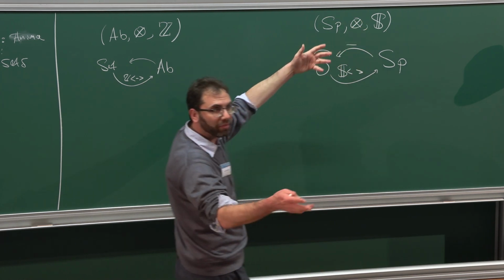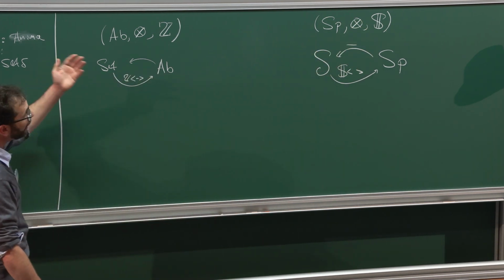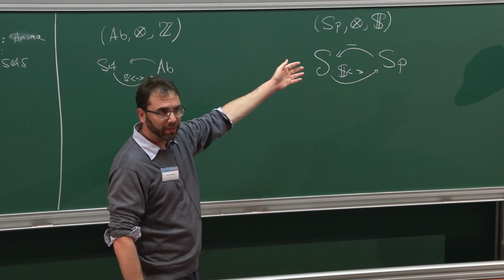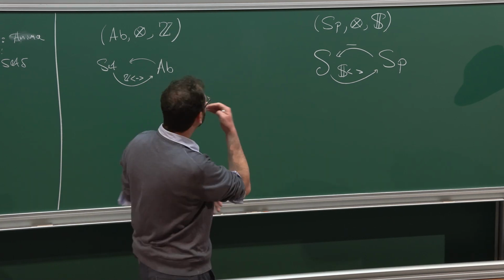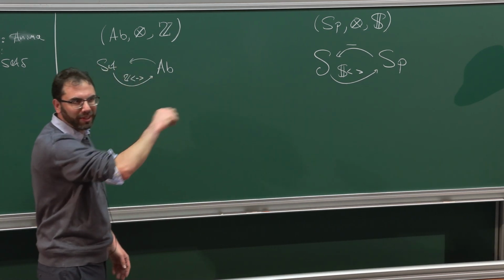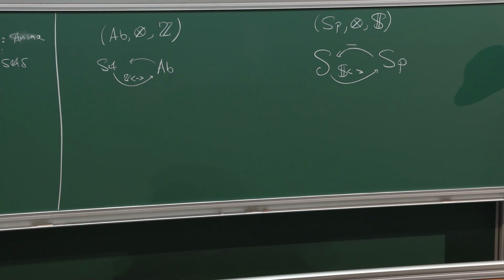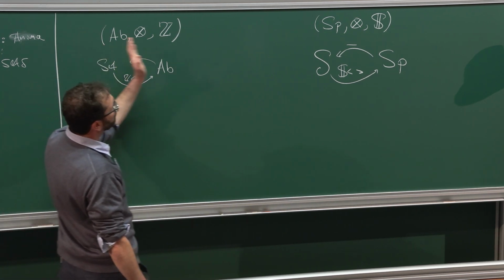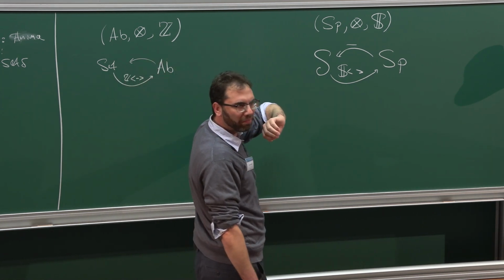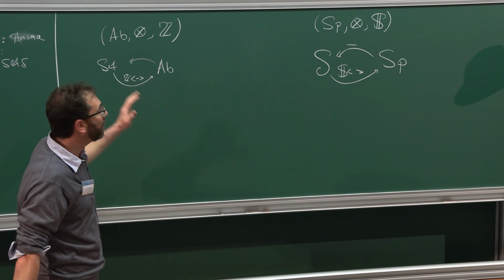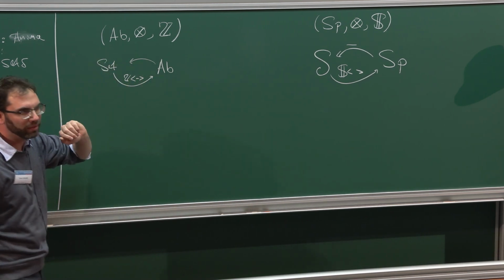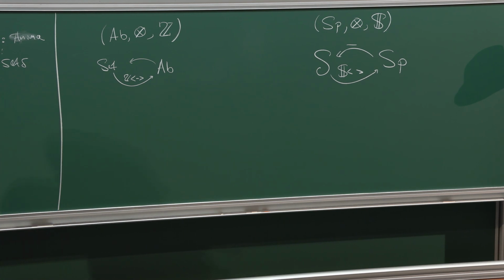And I think what you're referring to is the fact that this embedding, although fully faithful, is not symmetric monoidal. So if my goal was to think about abelian groups in here, there's supposedly an issue. But I'm not going to think about this embedding a lot. I'm just going to use an analogy, so I don't think it's going to cause us a lot of trouble. But that's right. If I consider the fully faithful embedding and then the tensor, this functor is not symmetric monoidal. It doesn't preserve the tensor structure.